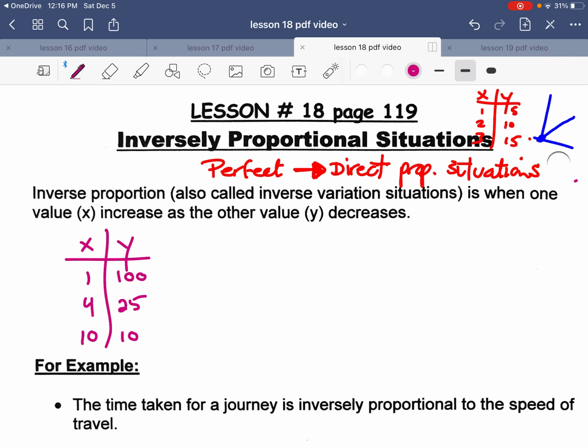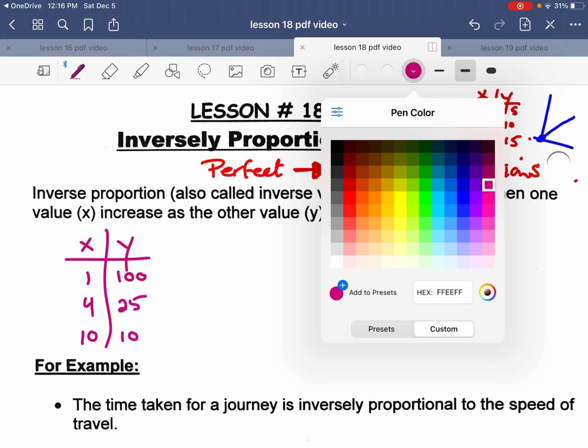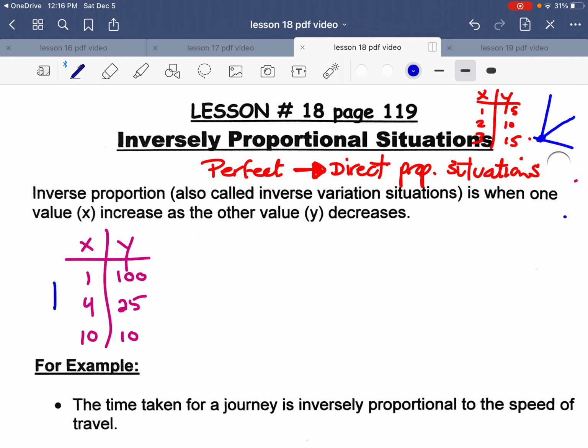So you clearly see that one is increasing and the other one is decreasing. That's totally different than what we did up here for a proportional situation. That's the first thing you look at to compare both. One is proportional and one is inverse proportion. That helps you.